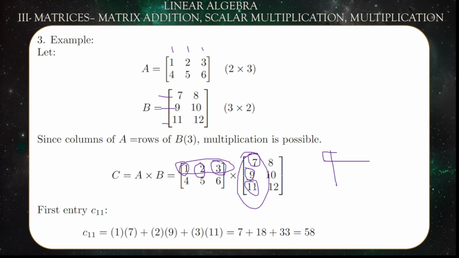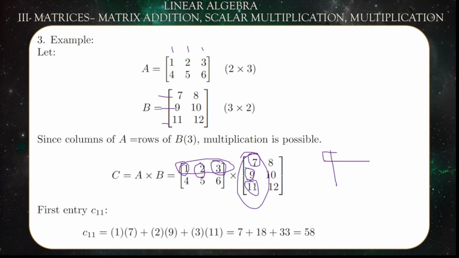So C21, now we multiply the second row of the first matrix with the first column of the second matrix. So the result should sit at second row, first column, correct? That would be its position.